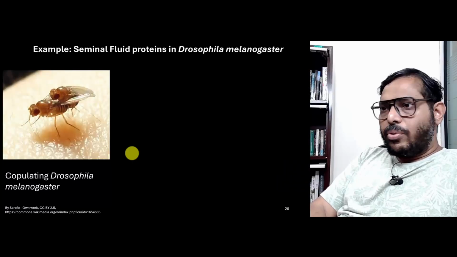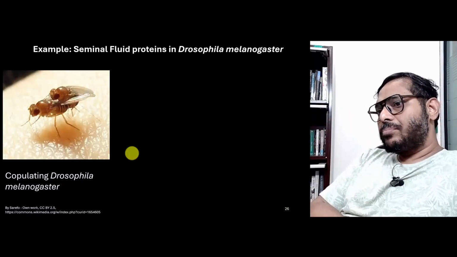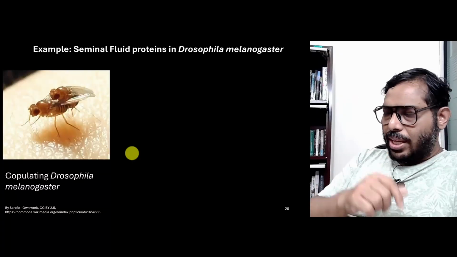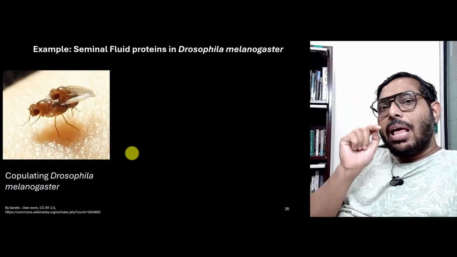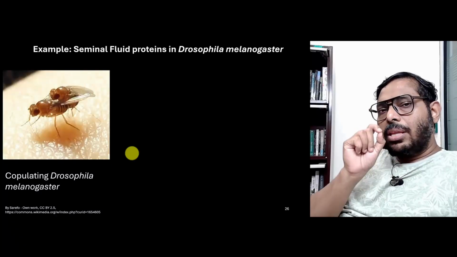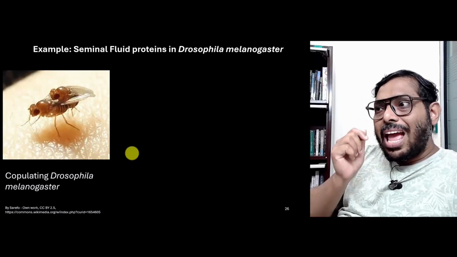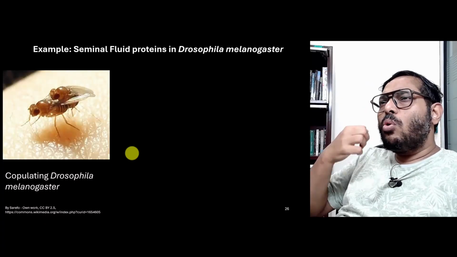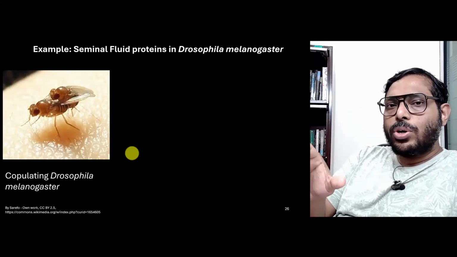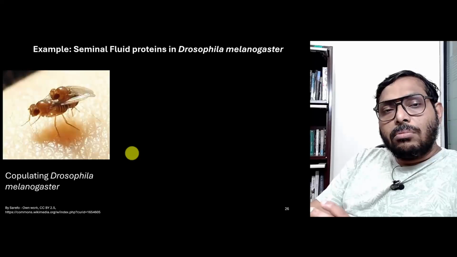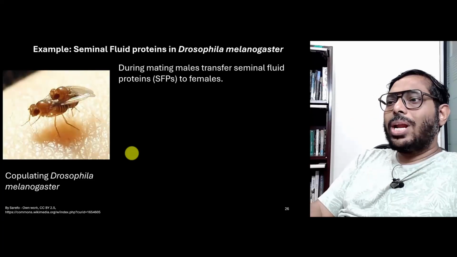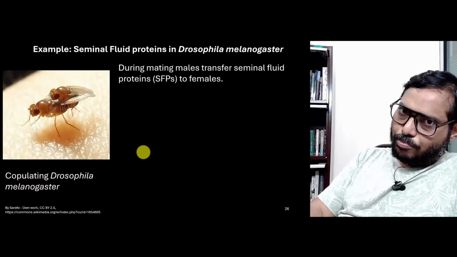Now, to give you one example, this is a mating Drosophila, fruit flies. We know that when the Drosophila male mates with the female, then along with the sperm it actually ends up introducing a host of other proteins into the reproductive tract of the female, and these are taken together known as seminal fluid proteins or SFPs.